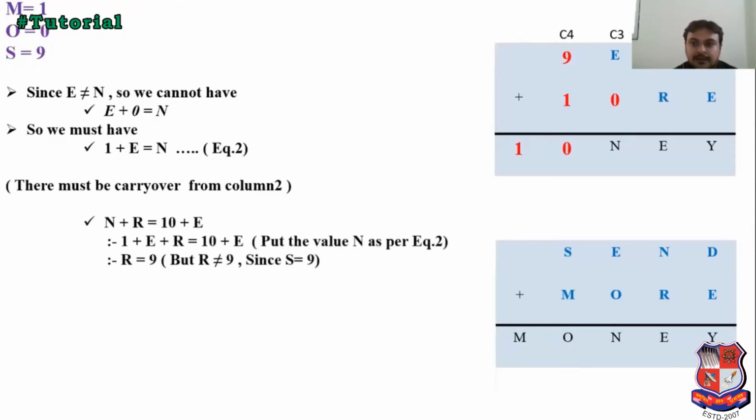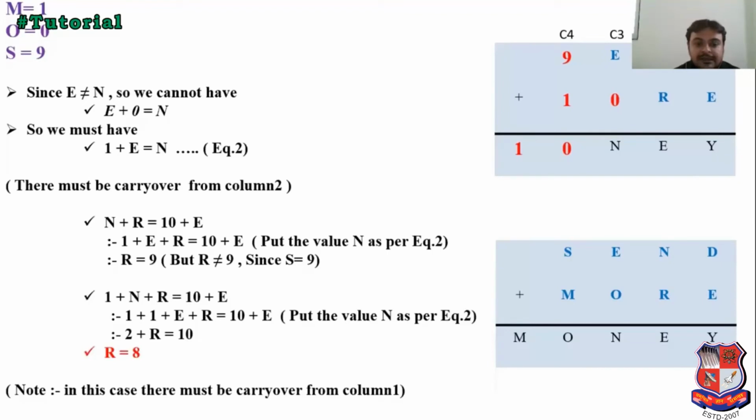So we can write column number 2 like n plus r is equal to 10 plus e. Okay, we can put the n value. So 1 plus e plus r is equal to 10 plus e. So r is equal to 9, but r is equal to 9 is not possible because s is equal to 9, we have already predicted.